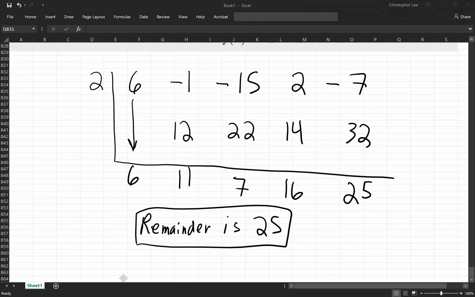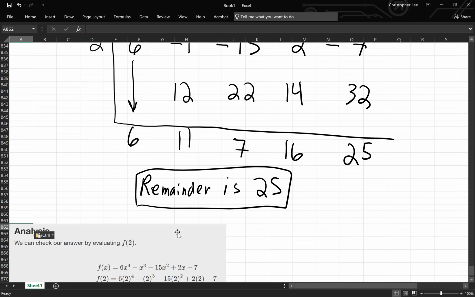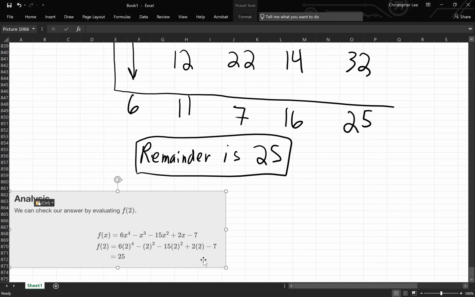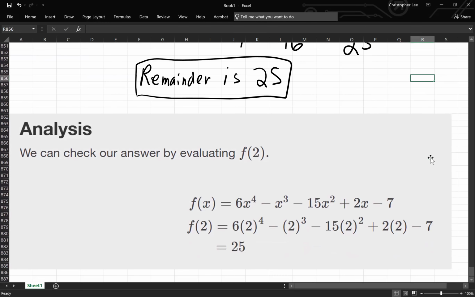Just want to make a special note real quick. I don't know if y'all realize this, but we can check our answer by evaluating f of 2. When we plug in 2 here, the answer we get back out is 25. That, my friends, is the remainder theorem at work.